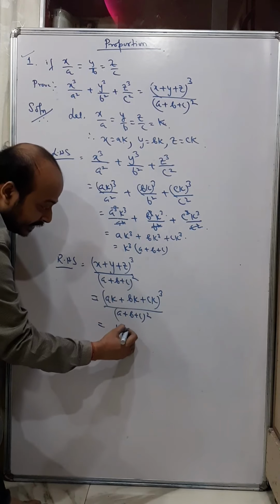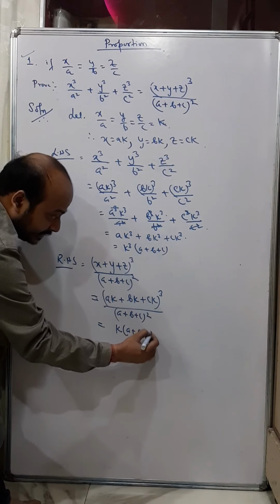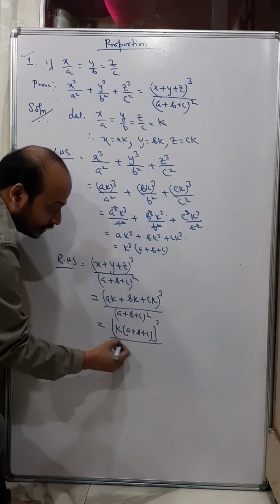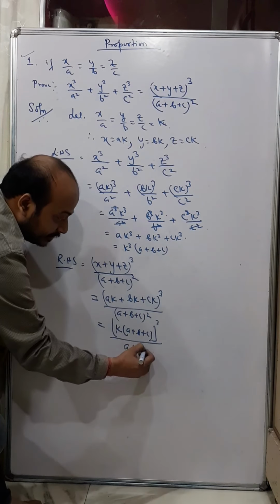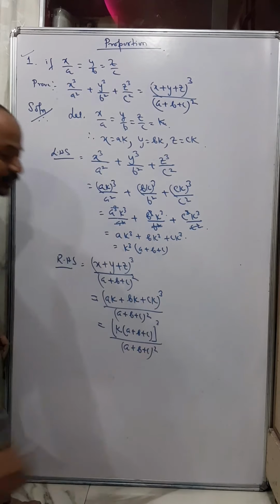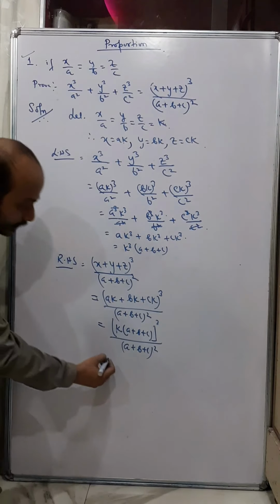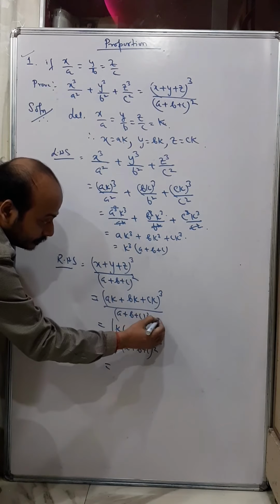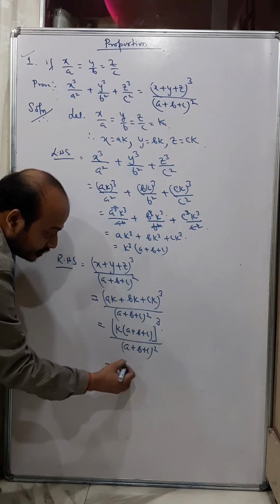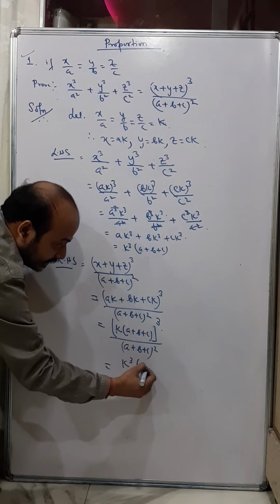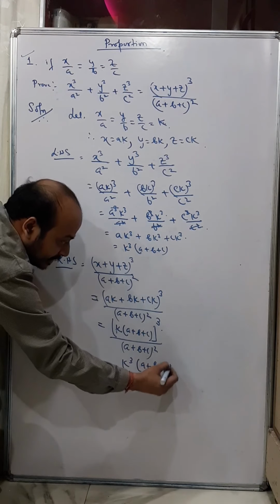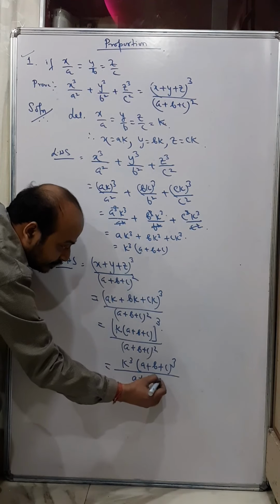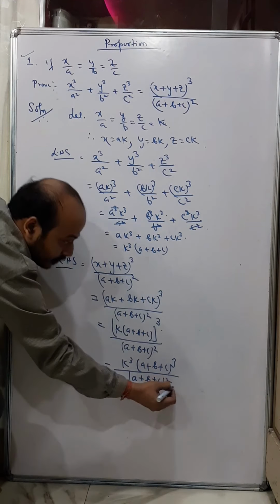I get k times a plus b plus c, and this whole cube, by a plus b plus c whole square. Now this means k cube, and then a plus b plus c whole cube, and here a plus b plus c whole square.